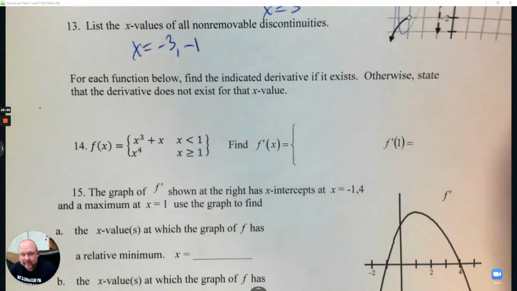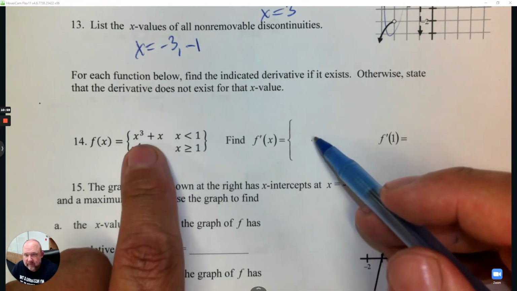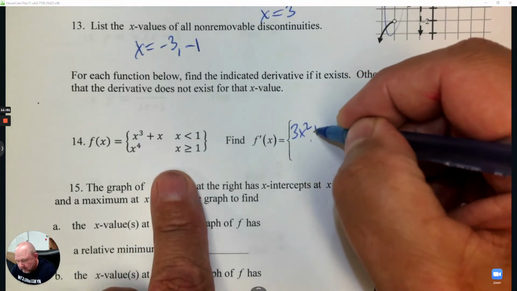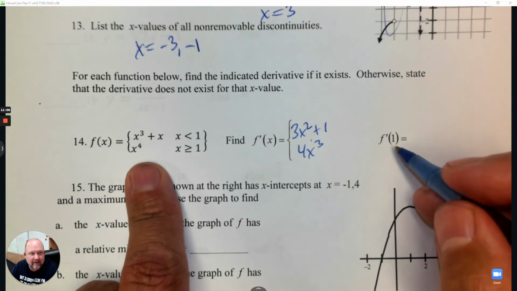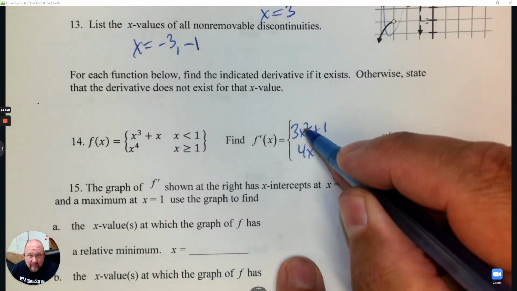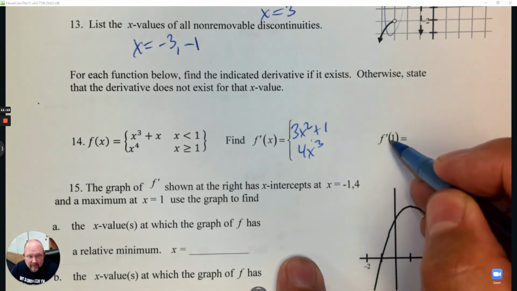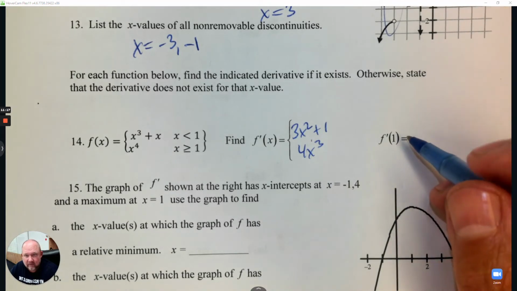Number 14. Find the derivative. So the derivative of the top is 3x squared plus 1 and 4x cubed. And then the derivative at 1. So if I plug 1 into the top, the answer is 4. If I plug 1 into the bottom, the answer is 4. But there's something here.